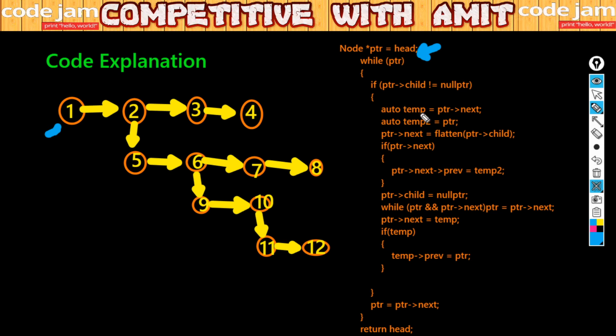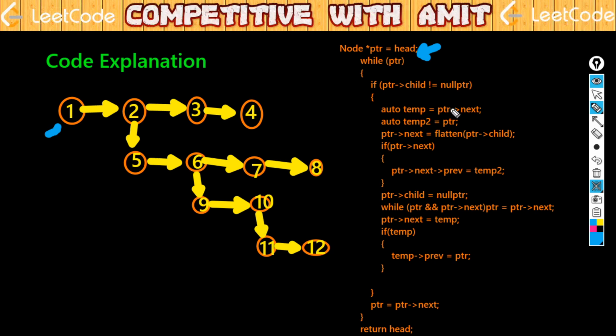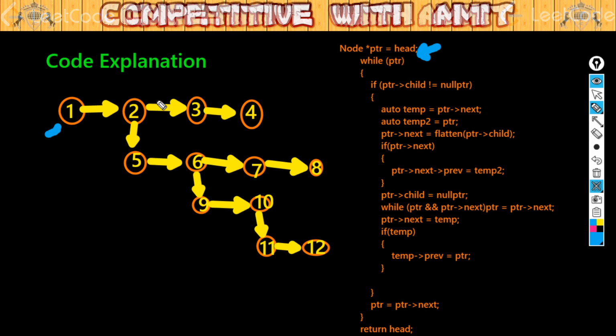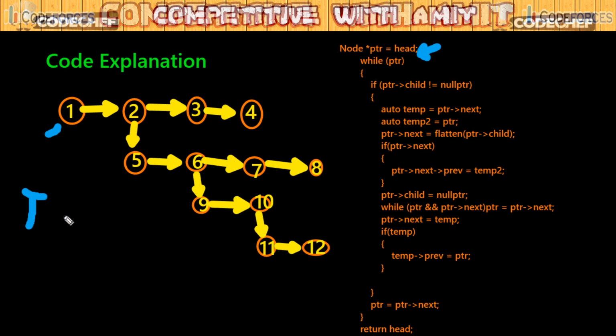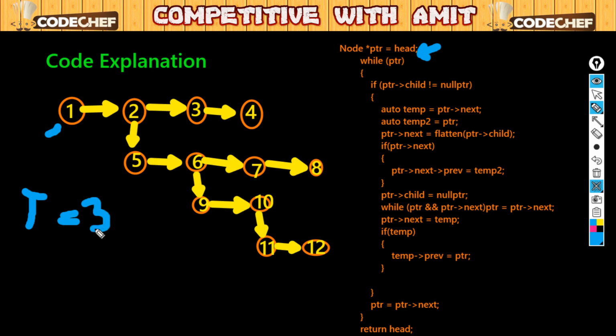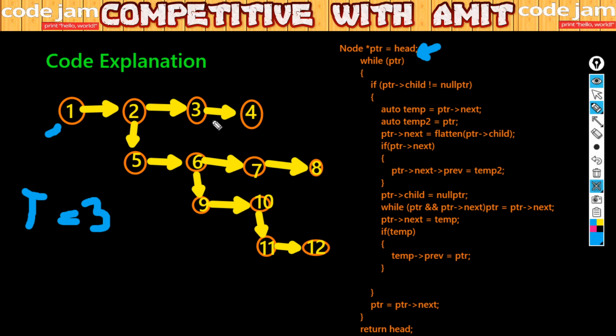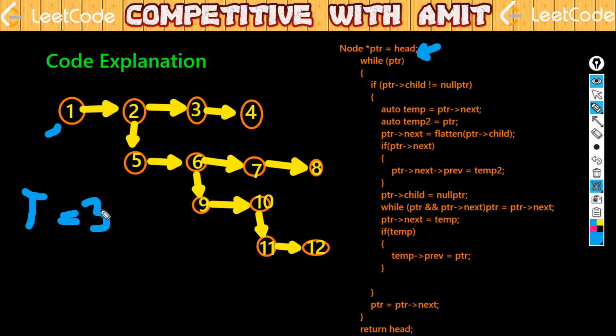So what we will do is first of all initialize a temp which will store the address of this next, or this arrow, meaning the third, and this will be stored in temp. So in temp the value is 3. I am considering it to be a 3, though mainly it is storing some address.